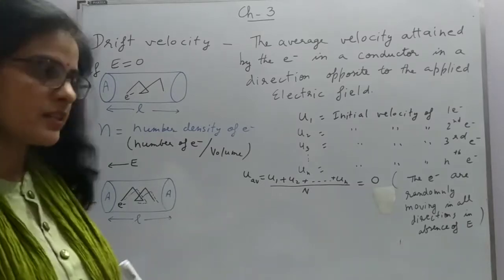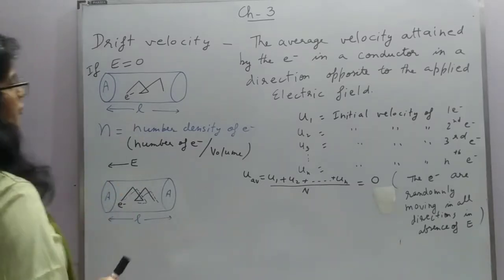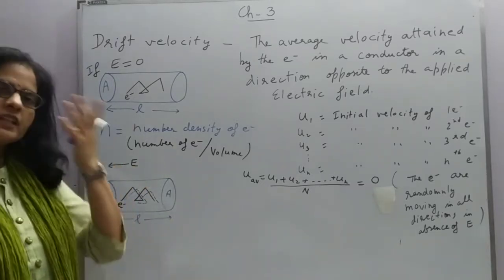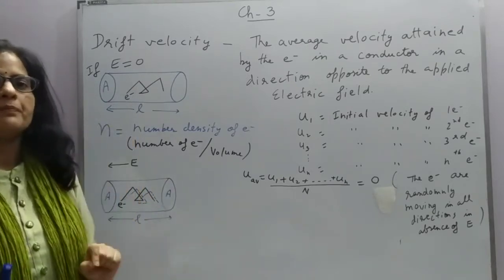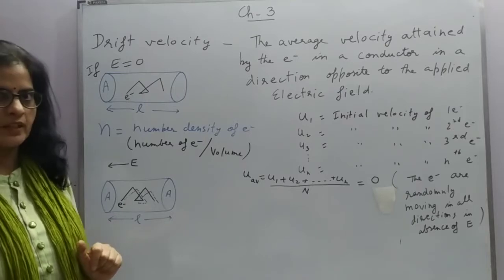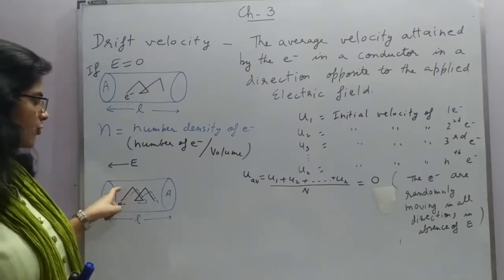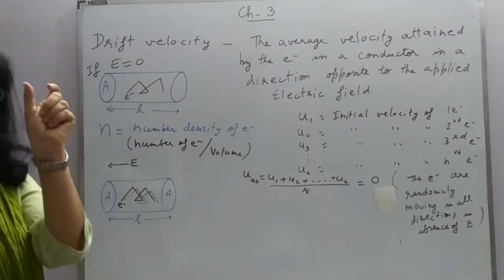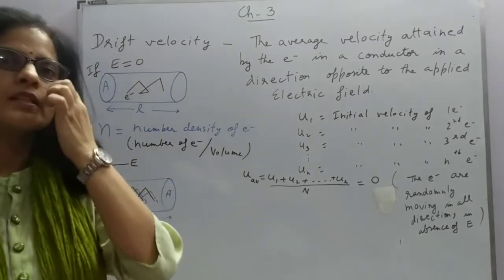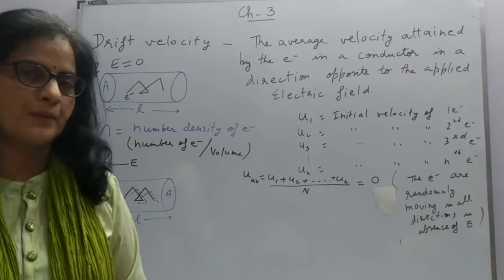So if I write the expression which relates final velocity and initial velocity, I need to consider the time. What is this time over here? We know that these electrons are colliding, right? So the time between successive collisions is called the relaxation time, right?